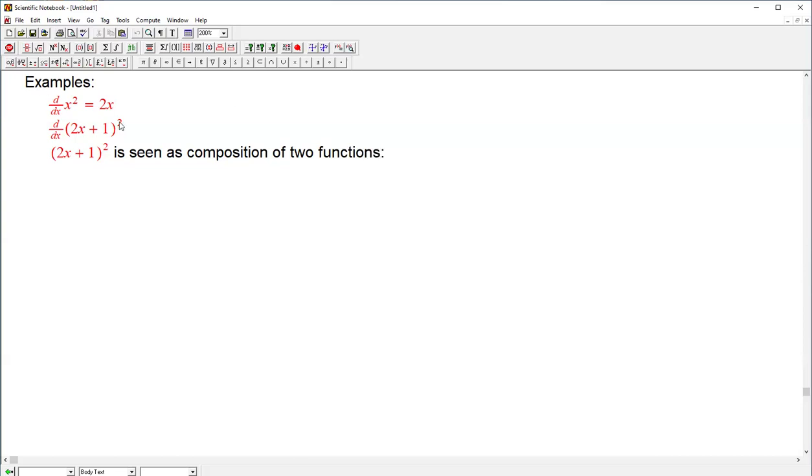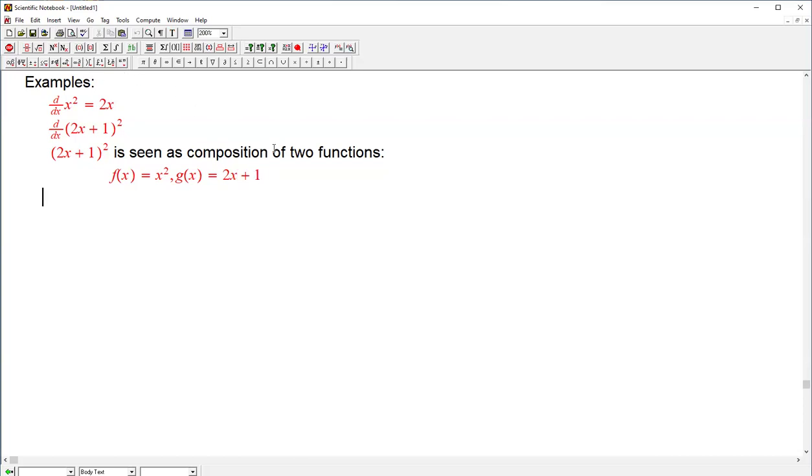What are these two functions? One of them is f of x, which equals x squared, and the other function is g of x equals 2x plus 1.